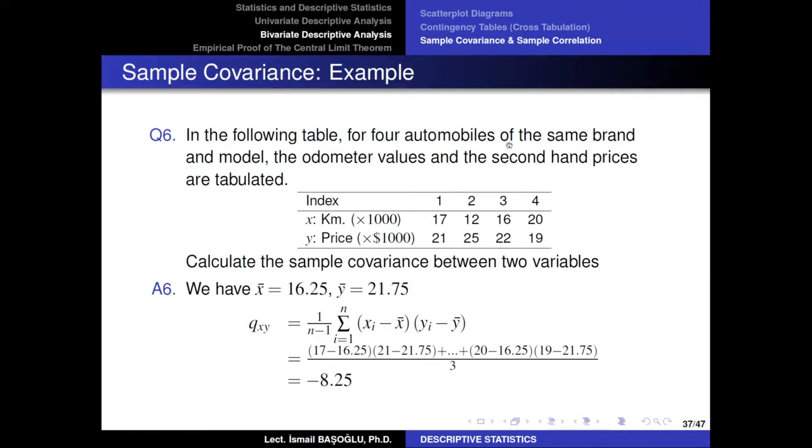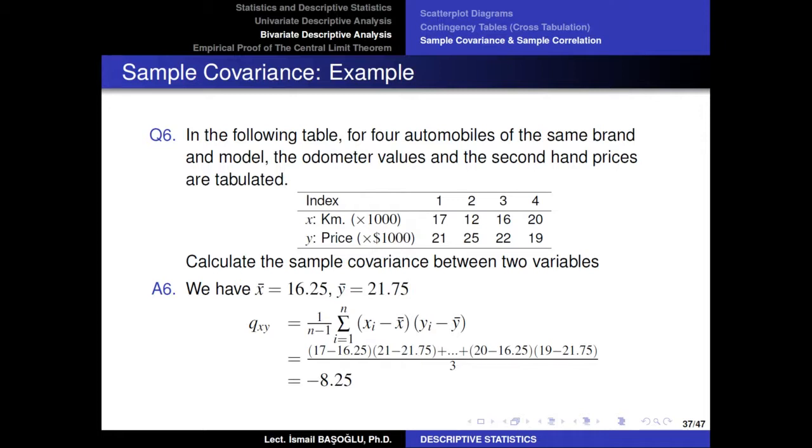It says that we have randomly selected 4 automobiles of the same brand and model, and these are second-hand automobiles. The odometer values and the second-hand prices are tabulated here. The odometer values in thousands of kilometers are 17, 12, 16, and 20 for these 4 automobiles, and their second-hand prices are respectively $21,000, $25,000, $22,000, and $19,000.